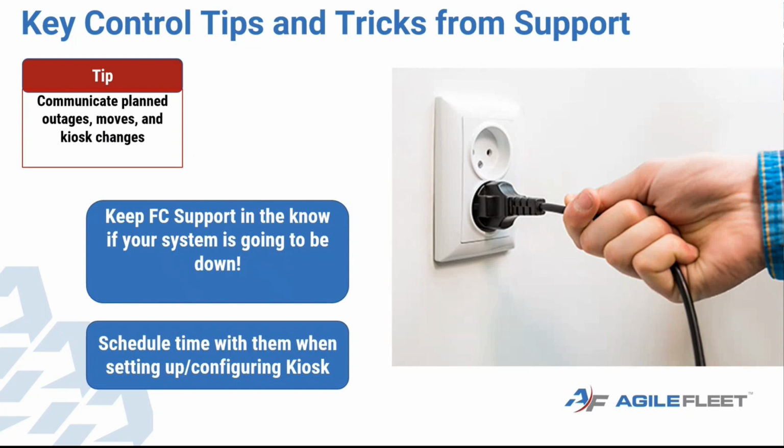Another tip: please communicate any planned outages, moves, and any changes that might involve your kiosk and your key control system. Oftentimes, our support team receives messages, based on how our system is configured, notifying us when kiosks and key boxes are down and not operating, and we'll reach out to you and work with you.